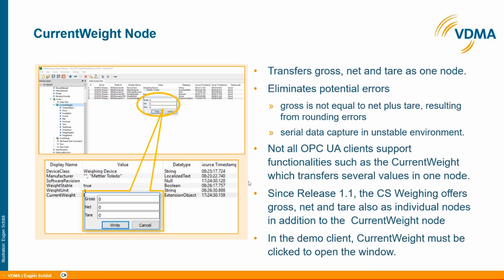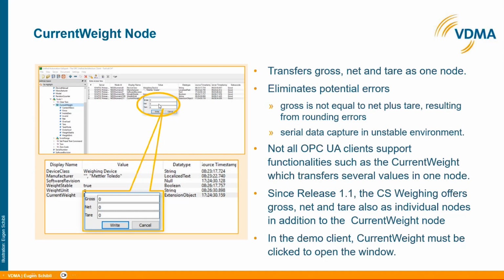Now if you use a demo client such as the one we have here, you can see with the logo that it is from Unified Automation. If you test the equipment with the server and the test client, you will find the node current weight, and you don't see a value.